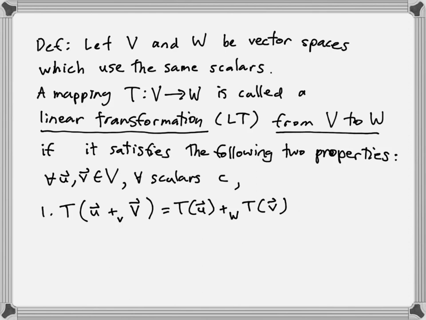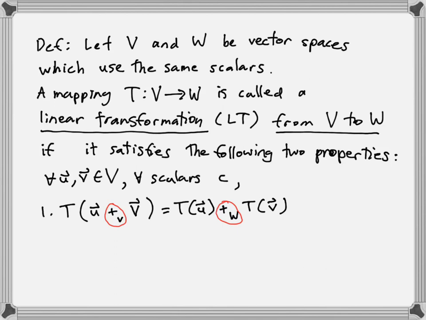Before I go on, what exactly do I mean by this, right? Do you guys understand what I'm saying here? The reason I wrote a plus subscript V on the first one and a plus subscript W on the second one is because this addition is happening in two different vector spaces. On the left, we're saying let's add u and v together in the V vector space, and then we take the T of that, so we apply the map.